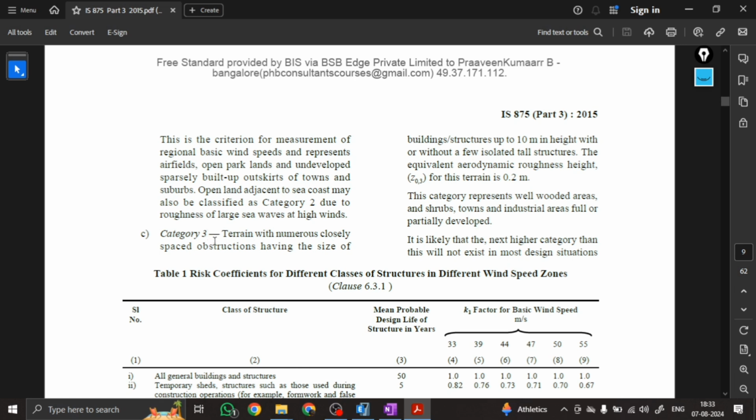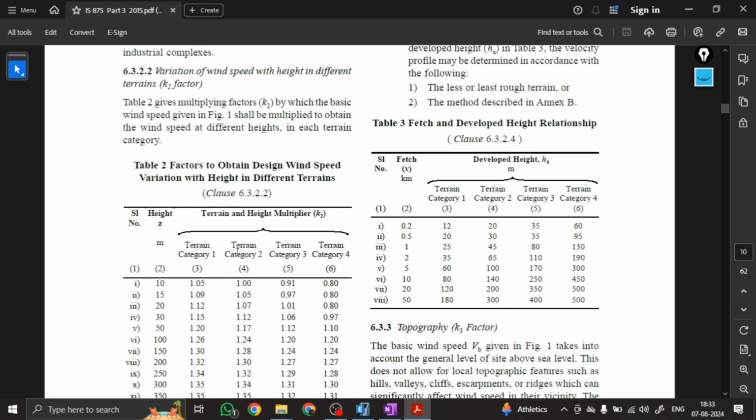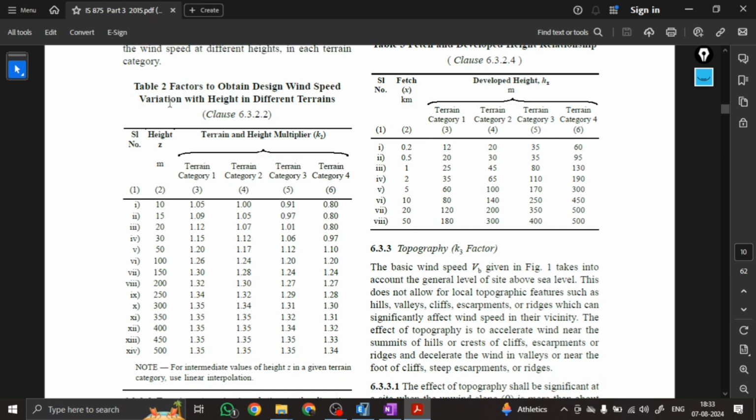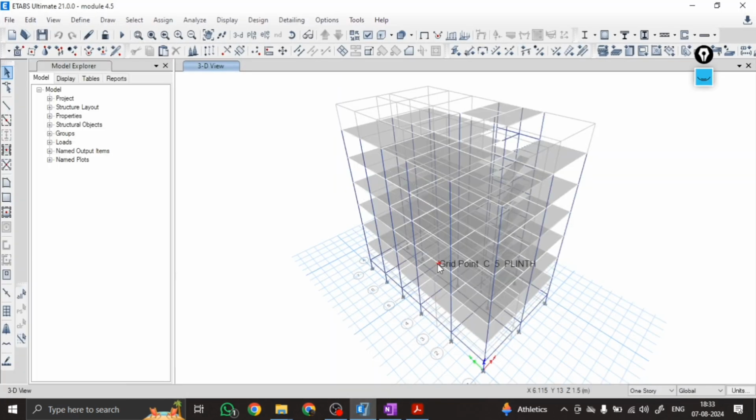According to category 3, now we have to check Table 2. Here it is, Table 2. According to terrain category, our building height falls under, our building height is around, let's see, this is our building height.